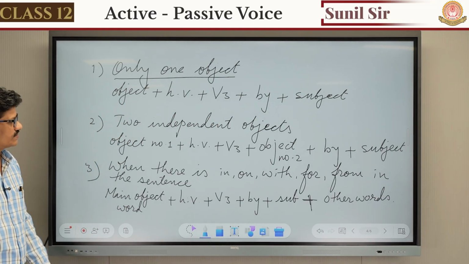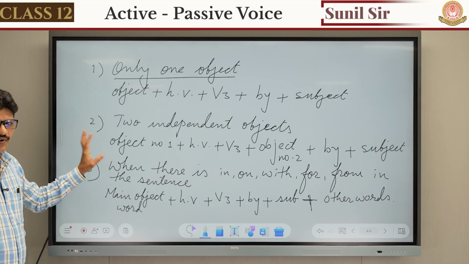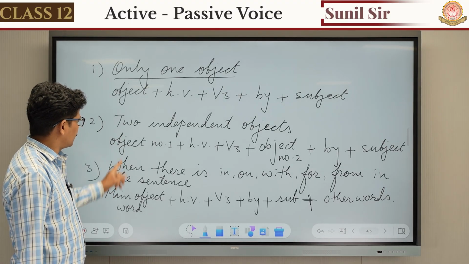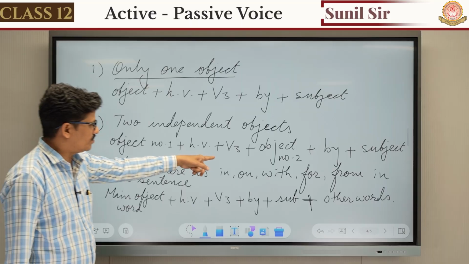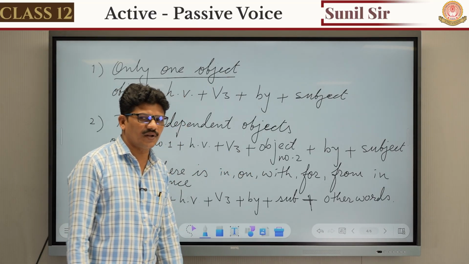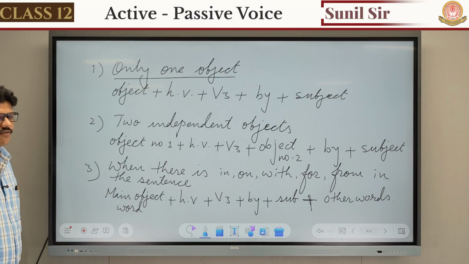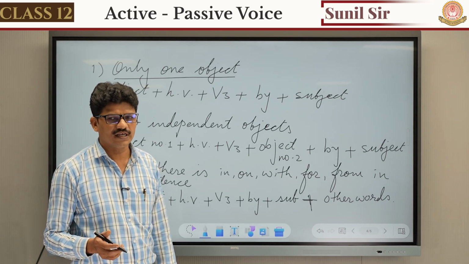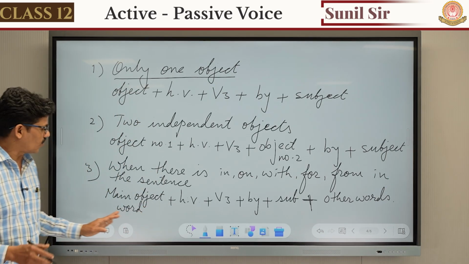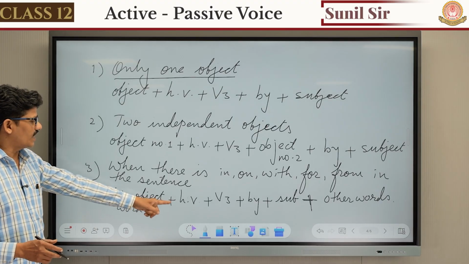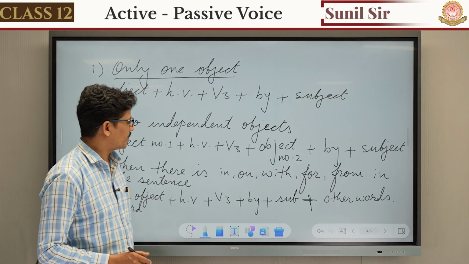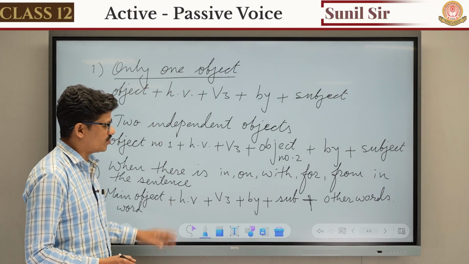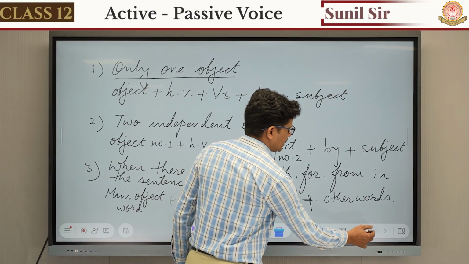If there are 2 objects, then if we see in example, we will come to know better. 2 independent objects, then object number 1, helping verb, third form, object number 2, by plus subject. And third, when there is in, on, with, for, from, on in a sentence, it has different formula, that is main object word, then helping verb, third form, by plus subject and other words. Now we will see all these 3 formulas in detail with example.